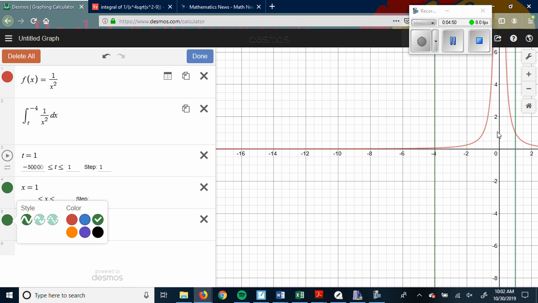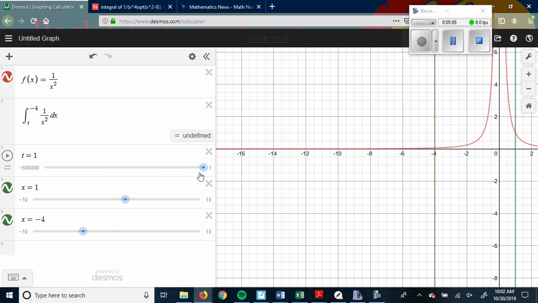But notice what happens if I were to calculate this area. I have this asymptote here, so that area would become infinite, and it can't work when I cross an asymptote. But what happens when I start to move this to the left? You'll notice that at zero, it's still undefined.